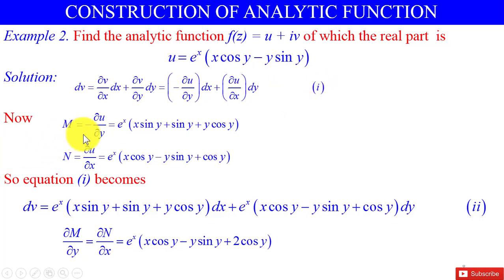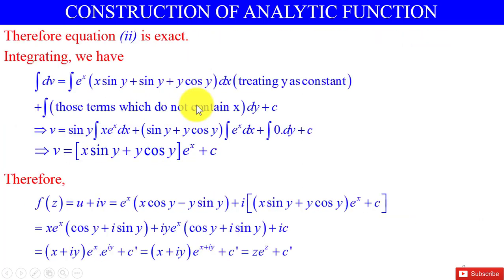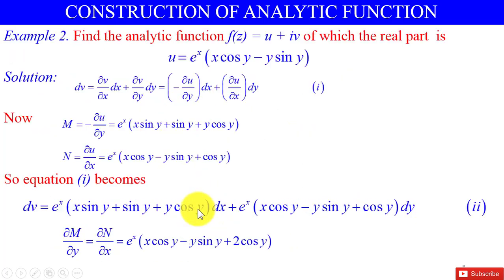Now, m = -∂u/∂y = e^x (x sin y + sin y + y cos y), and n = ∂u/∂x = e^x (x cos y - y sin y + cos y).